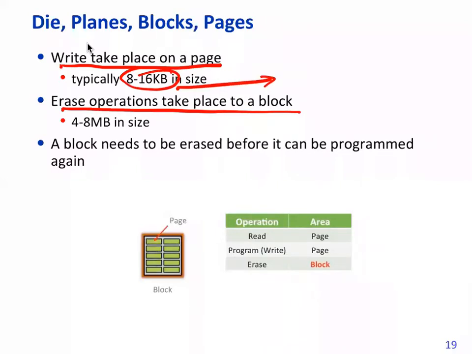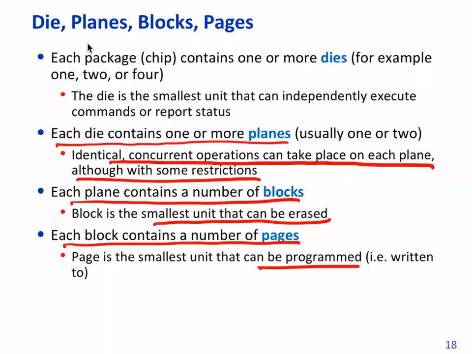So the erase operation will, when any location is to be written, that it is to be written in terms of number of pages, but in order to write, first it has to be erased. Whatever written earlier is to be erased, and that erase operation will take place only in a block.